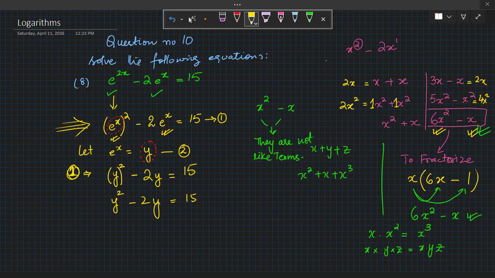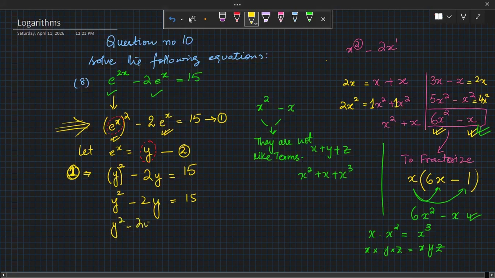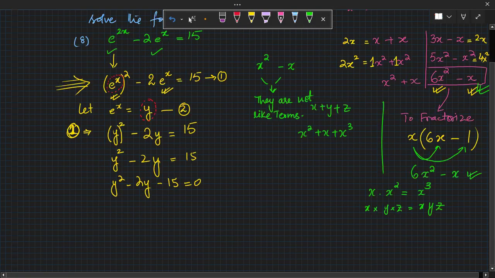All right, we were on this step, right? So y square minus 2y minus 15. Now what I can do, I can apply the quadratic formula, x equals minus b plus minus under root b square minus 4ac upon 2a.